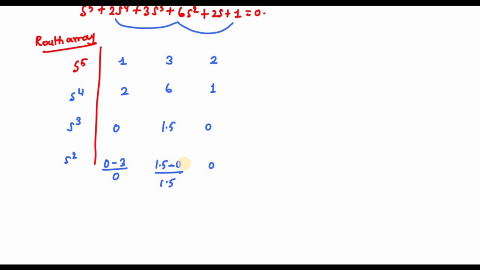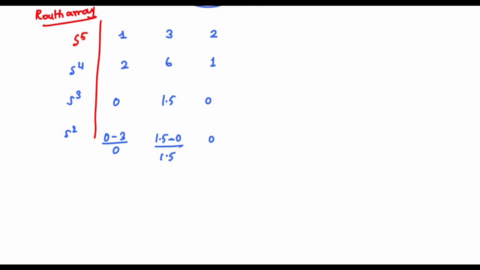So how to solve this? Since there is a 0 in the third row, it causes a problem.